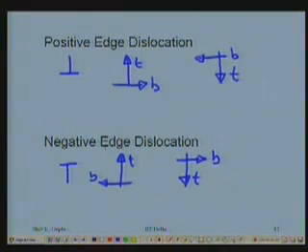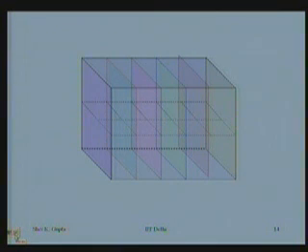Okay. Next problem, we will try to see another straight line dislocation, which is a screw dislocation. This is another straight line dislocation. Okay, right. Let's come back to our perfect crystal with the vertical planes shown there.